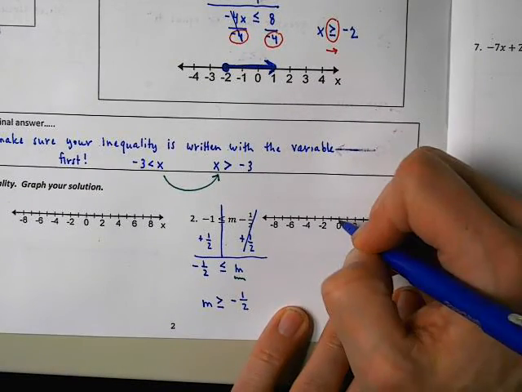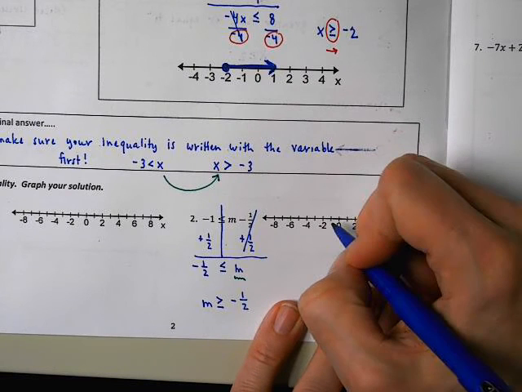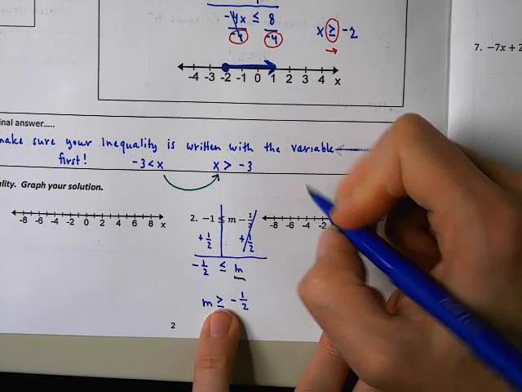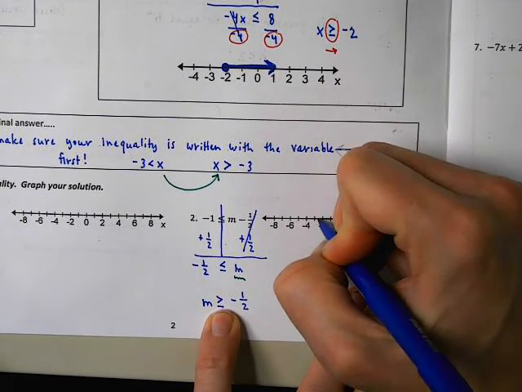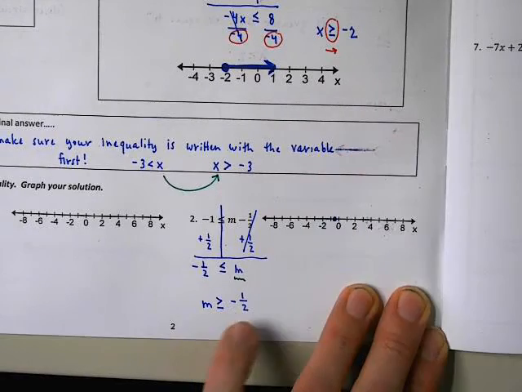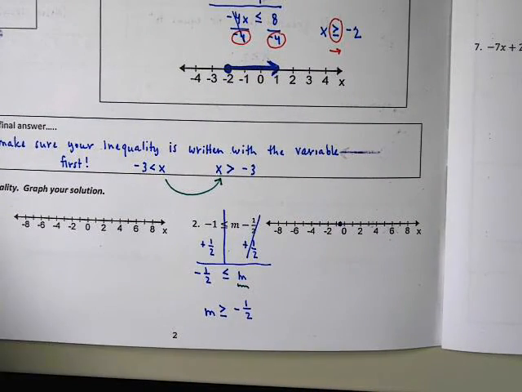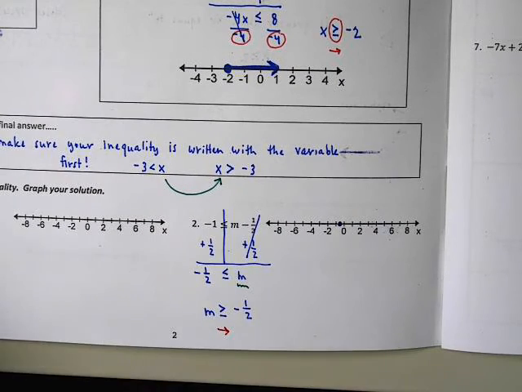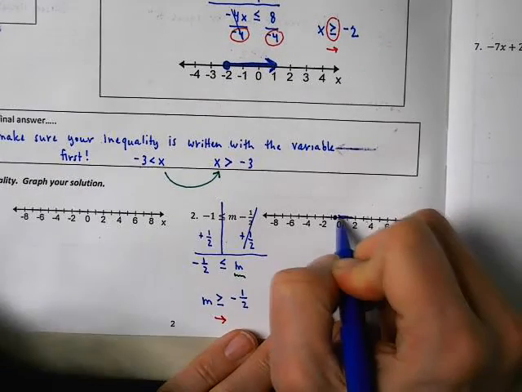I'm going to have to estimate here. -1/2 would be halfway between 0 and -1. I have a greater than or equal to, so that's going to be a closed circle right about there. And now if I look, my variable's first, so my arrow is telling me to shade to the right, and so that's what we're going to do here.